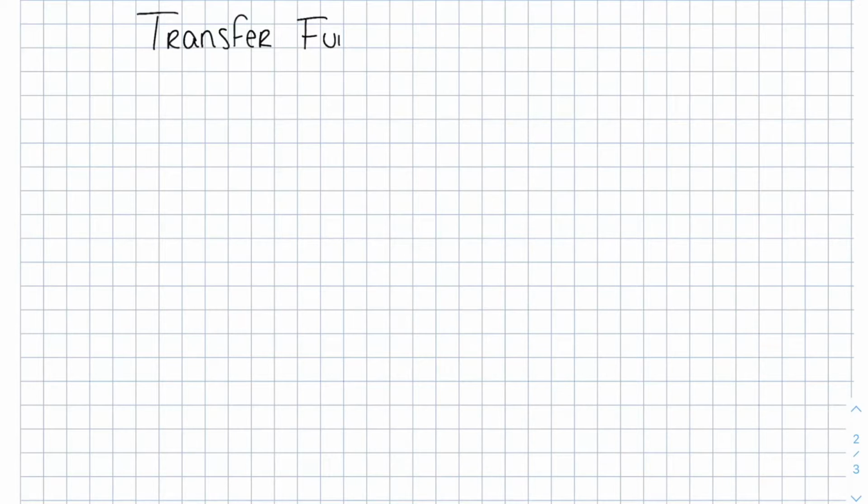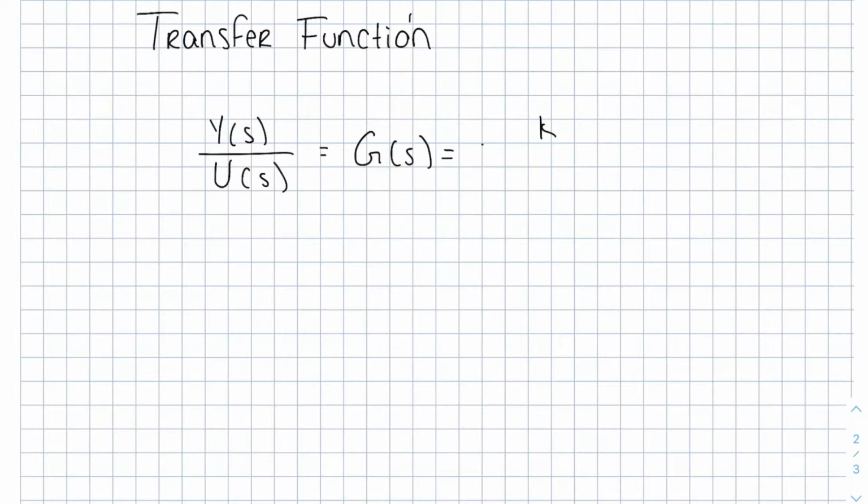Most of you should already know how a transfer function looks. It's just the output divided by the input. So as you can see in the picture, this is how I am gonna write the transfer function.